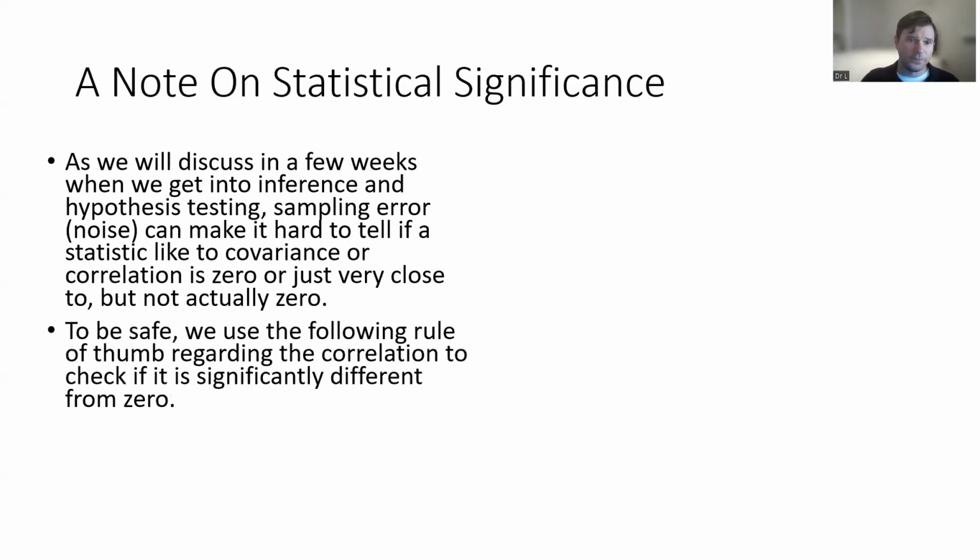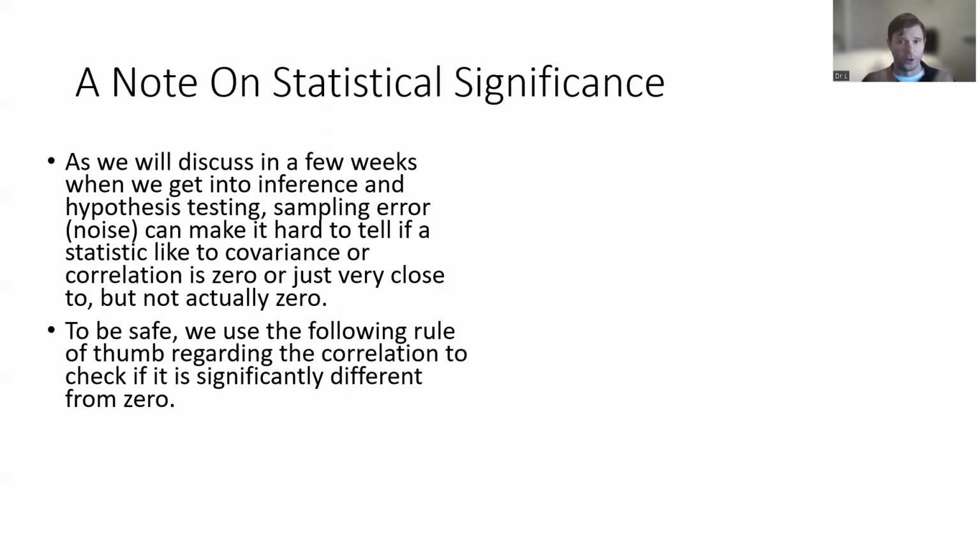So to be safe, for the moment, we're going to use the following ad hoc significance check to check the significance of the correlation statistic to see if it is significantly far enough away from 0 to say that we actually have some strength in the relationship.